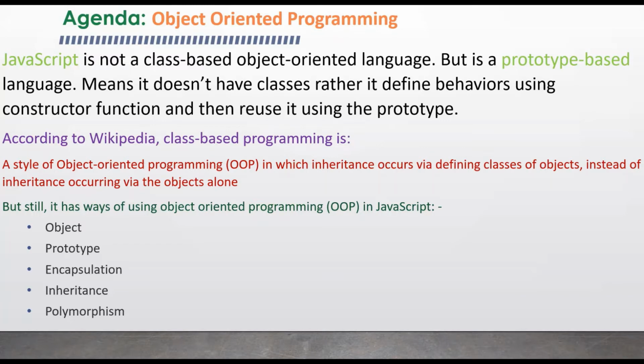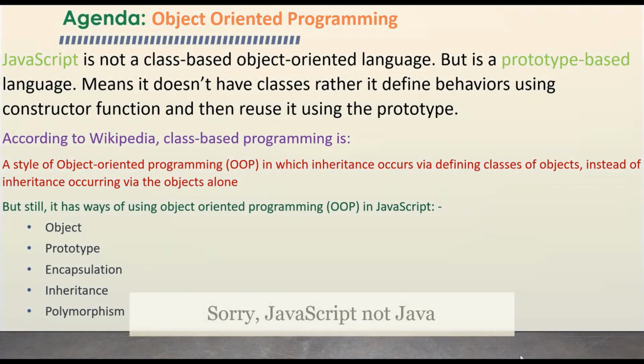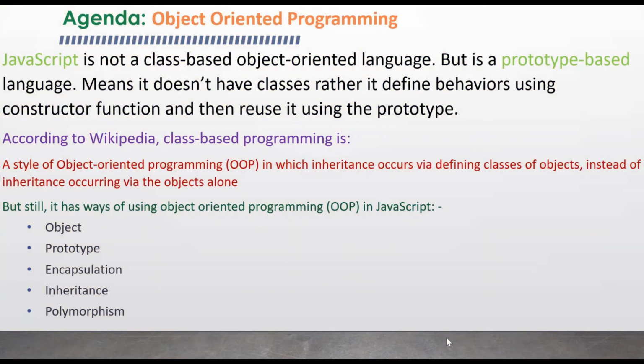It means you can access one class's properties through another class by the inheritance feature. But in JavaScript, we can't do that. It's not based on classes. It's based on prototype. Prototype is another global object. So JavaScript is basically all objects.